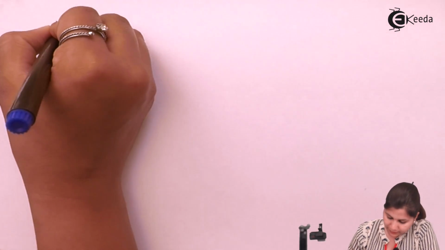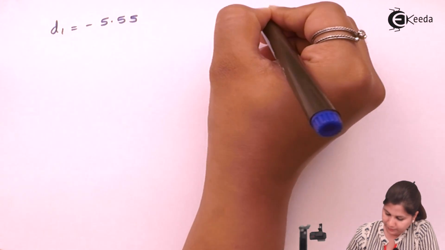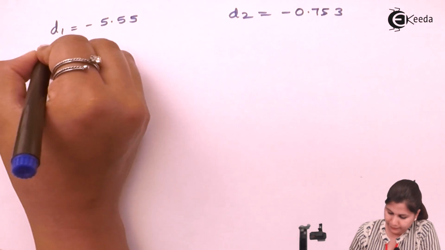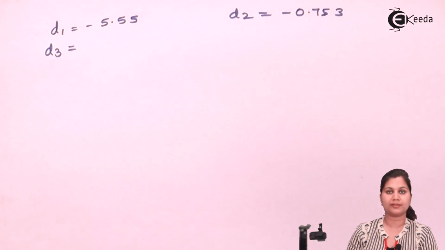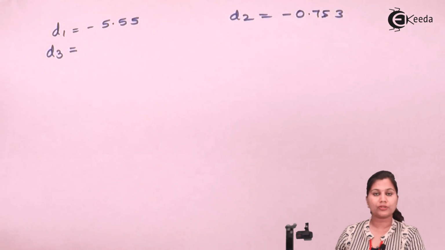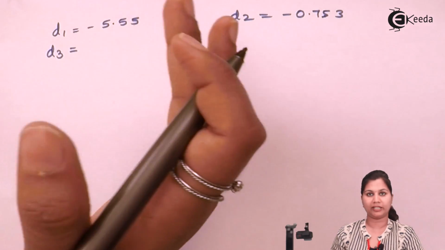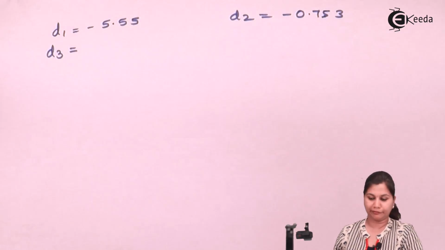So D1 was minus 5.5. D2 is minus 0.753. D3, I'm just writing the values of all the deviations. Just compare these values and use the same formula as I have used for D1 and D2. In the same way you have to calculate it up till D15.